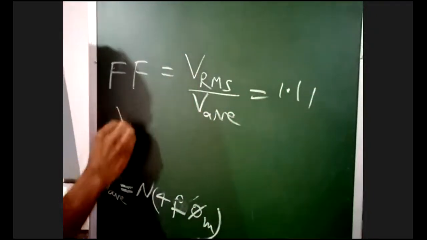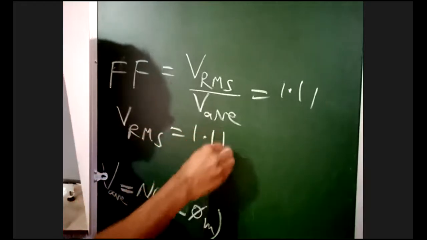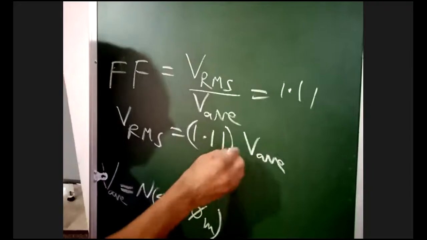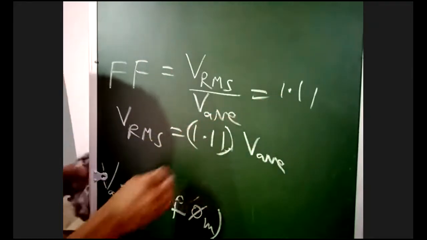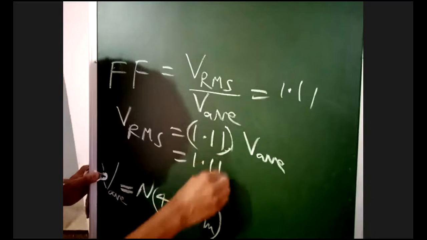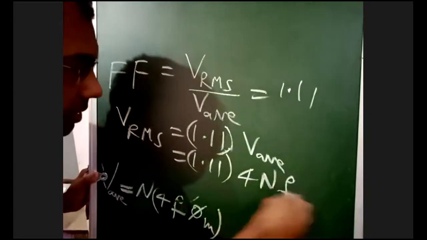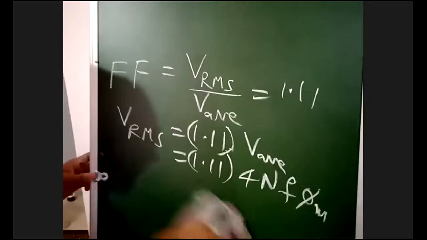Now take the RMS value. VRMS is equal to 1.11 into V average. Now we know the average value. What is the average value? 4 N F phi m. This value is substituted there.